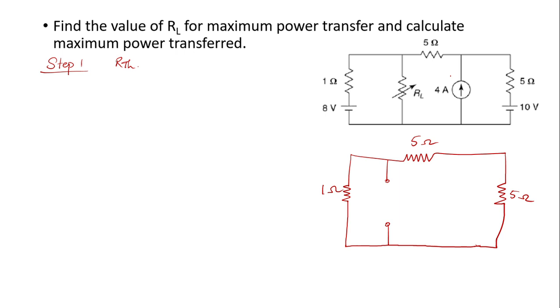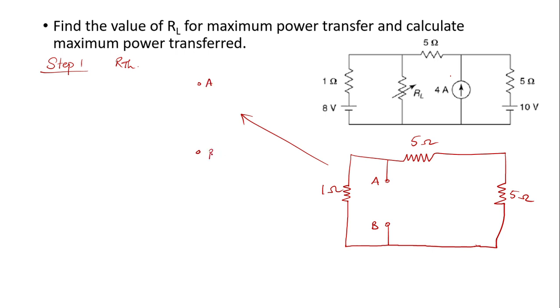Now we simply have to find the equivalent resistance to find RTH. I'm just going to give these terminals the names A and B. As I previously mentioned, it's always better to place the terminals on one side.